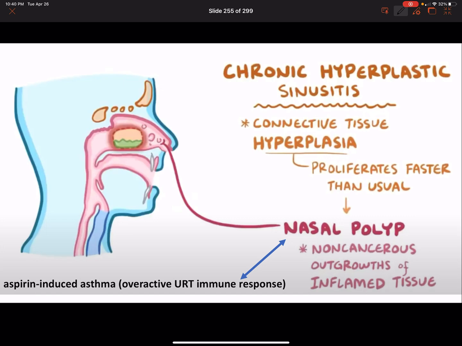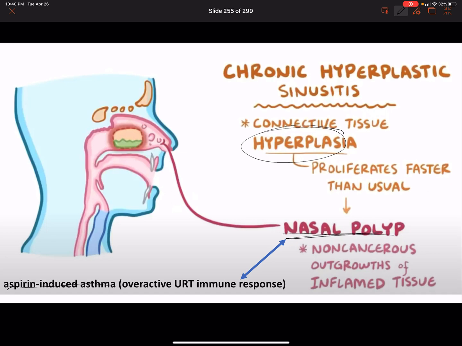So a similar thing is aspirin-induced asthma. So remember that aspirin is going to inhibit COX, which means more leukotrienes will be produced. And leukotrienes, for whatever reason, can cause hyperplasia of connective tissue in your nasal cavity.